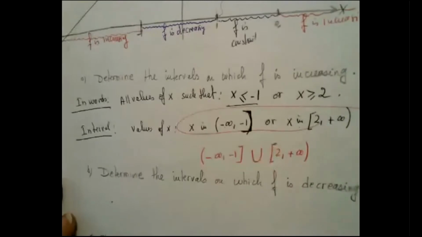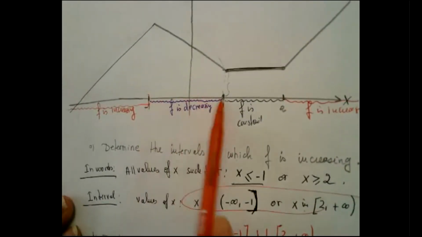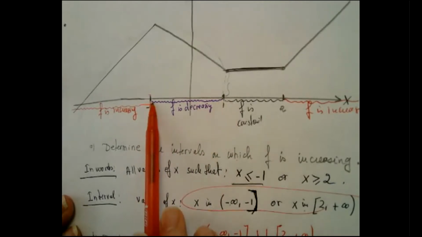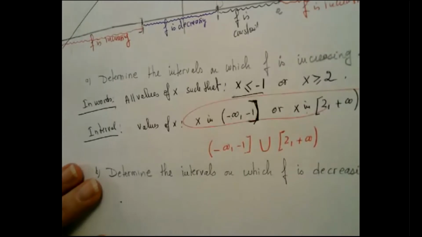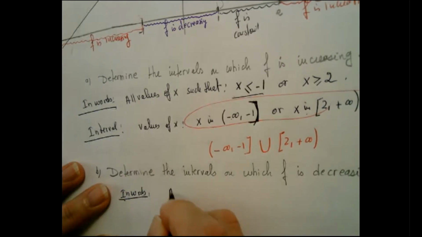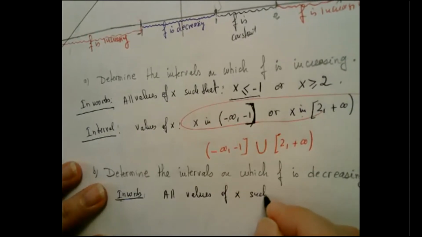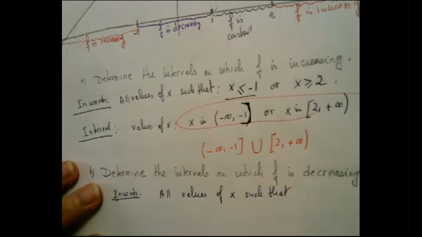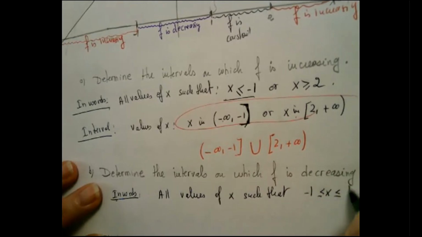All right, now, on which interval is f decreasing? F is decreasing only in one place, between -1 and 1. So here the question is, in words, all values of x such that, it means that have the properties, x between -1 and 1.